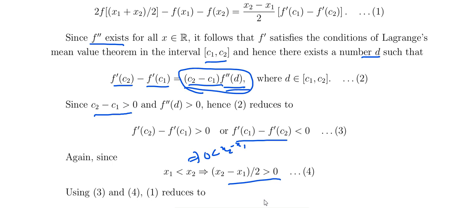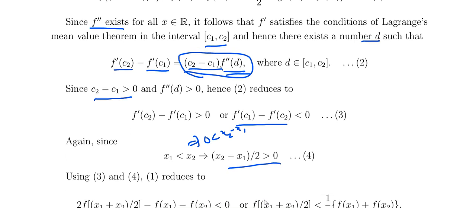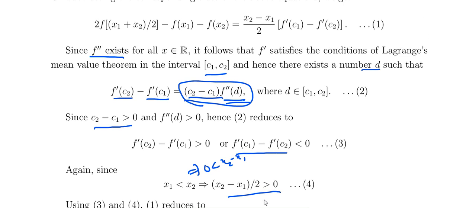So from this, what deduction do we make? The right hand side, if you look, this is less than 0, sorry, greater than 0. This is greater than 0, positive. This output is less than 0.